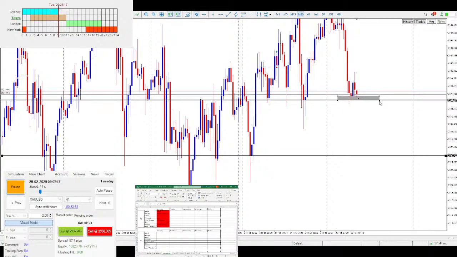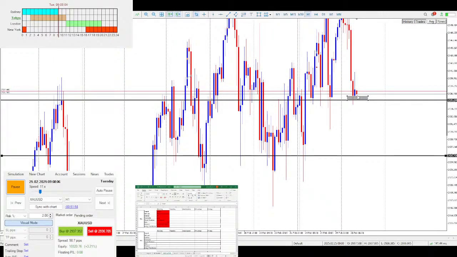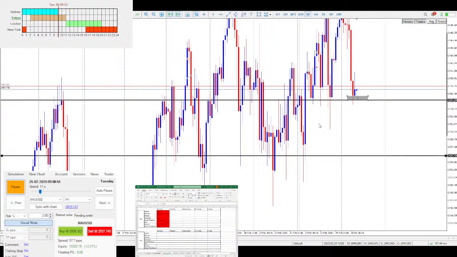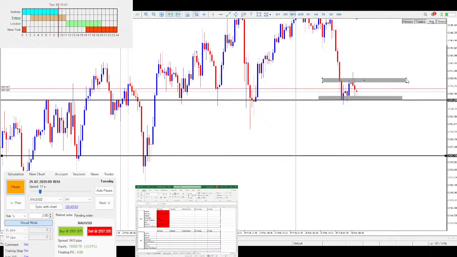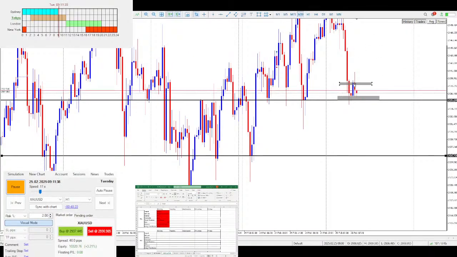Yes, price may move using this M30, this 1 hour. If price breaks this 1 hour low, price can move, but I'm not interested in it. I'm only interested in sells below here, and you can see we have a resistance there. We move to the M15 time frame. This is our resistance zone.